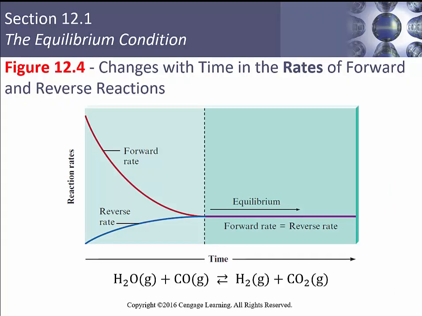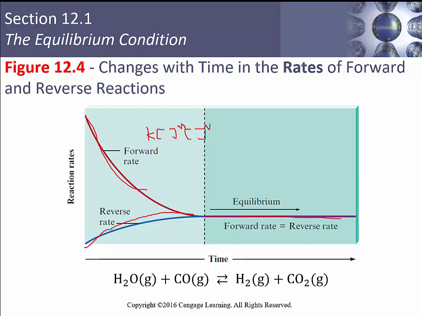So if we look at the changes with time and the rates of forward and reverse reactions, our forward reaction rate is going to go down. This is going to be k times our concentrations raised to whatever power they are. And our reverse rate is going to increase. And at some point, those two rates are going to equal each other.